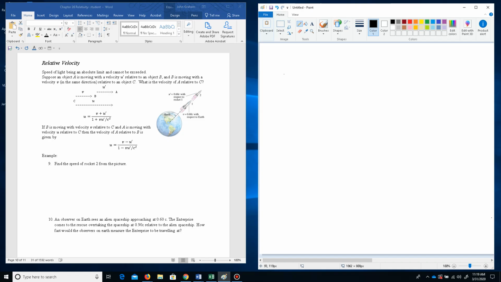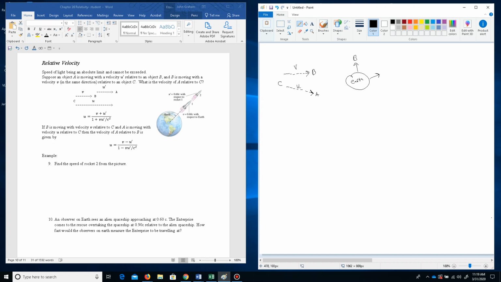So B is moving at v, relative to C. And A is moving with velocity u relative to C. So think of it as the Earth, horrible Earth looking, but oh well, and two rockets are shot out.